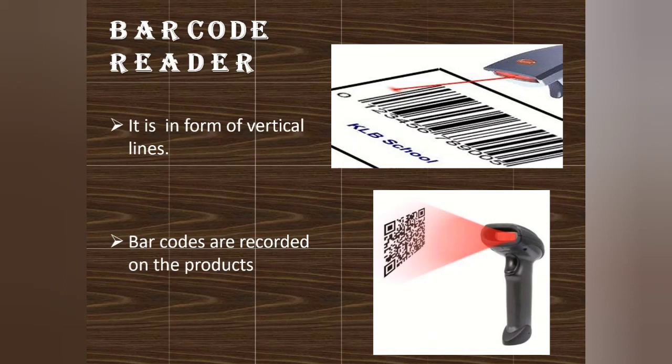As you see in the slide, it is in the form of vertical lines. Barcode readers are used to read the values printed on the product through those vertical lines, and the barcodes are recorded on the products by the manufacturers, and they usually carry the product number.